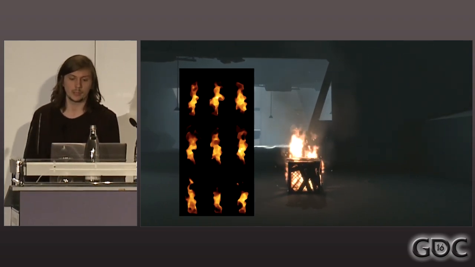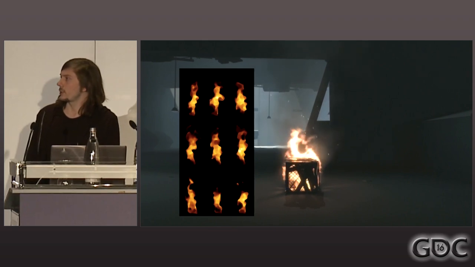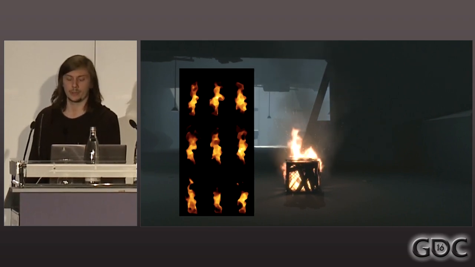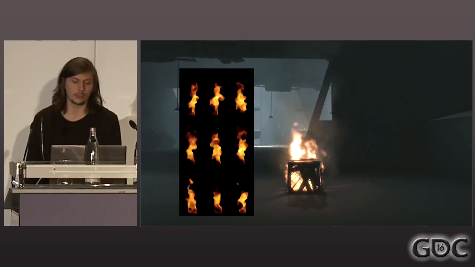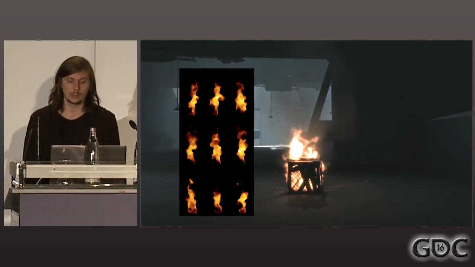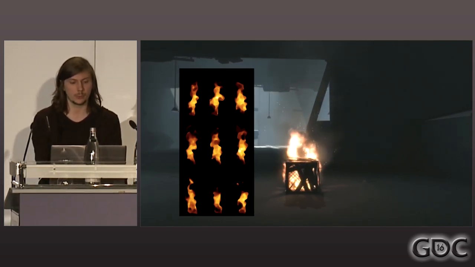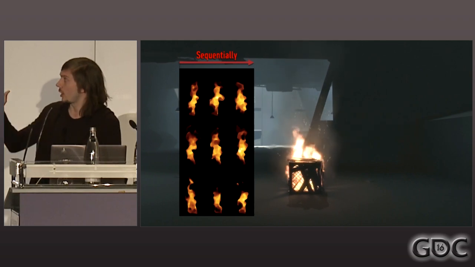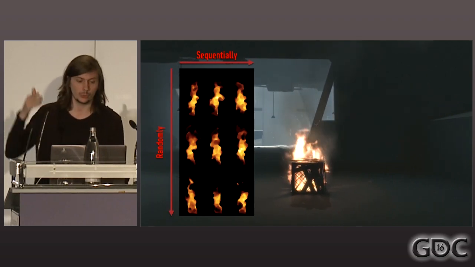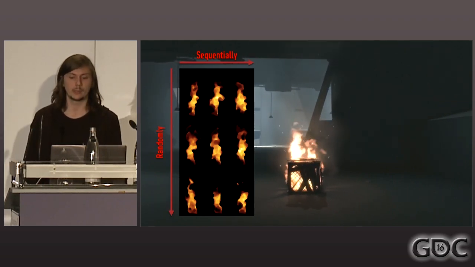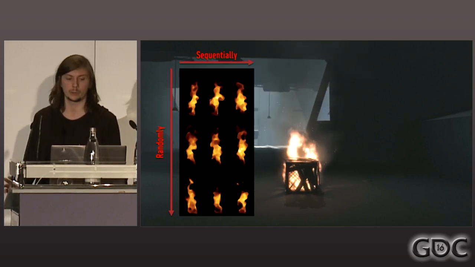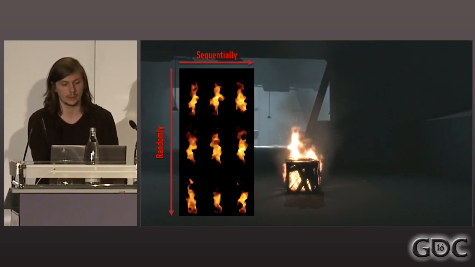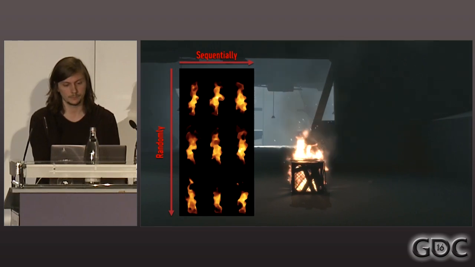And then we tried doing random, but there's an 11 point something percent chance that you will hit the same frame twice, which will, to the eye, just look like lag. So that was horrible. So we used an in-between thing, which is, we choose columns sequentially, and we choose rows randomly, which means that we don't get looping that often, and we definitely don't get 2 frames at the same time, and that worked out really well for us.